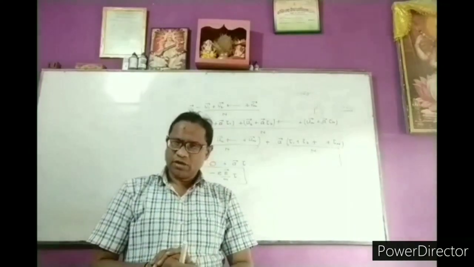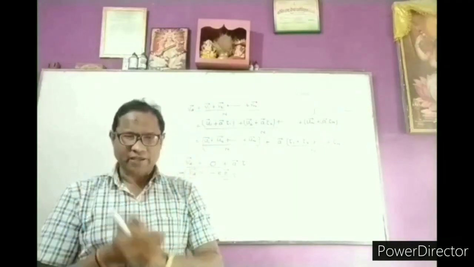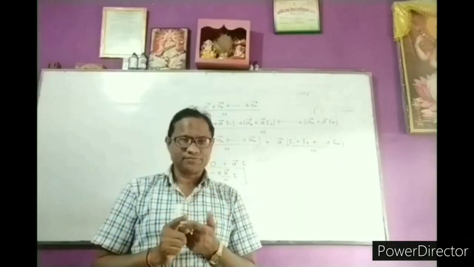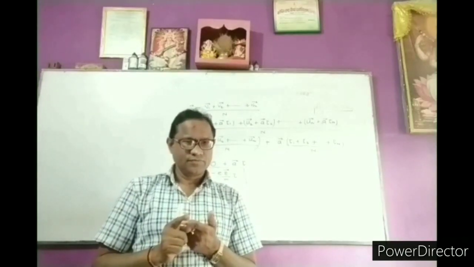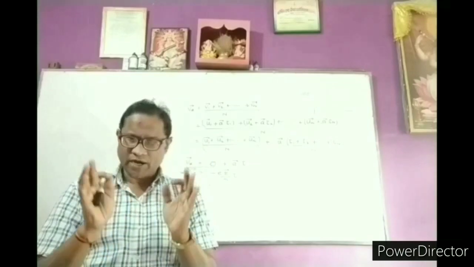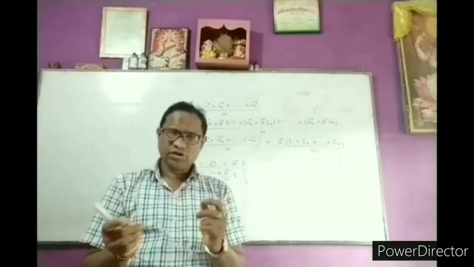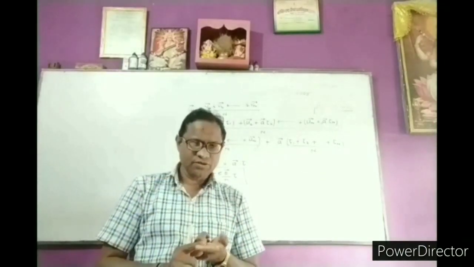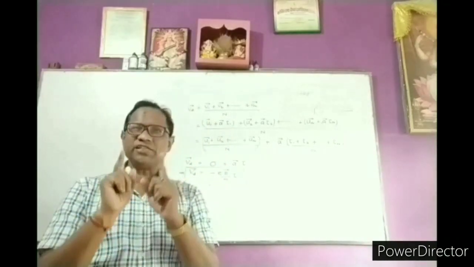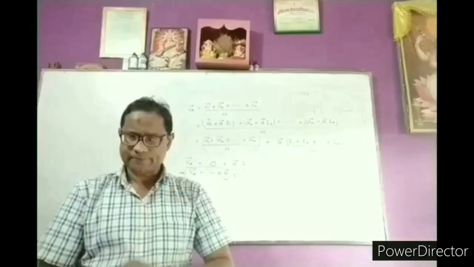Thus, the relaxation time tau decreases. So therefore, the drift velocity of electrons decreases with increasing temperature of the conductor.